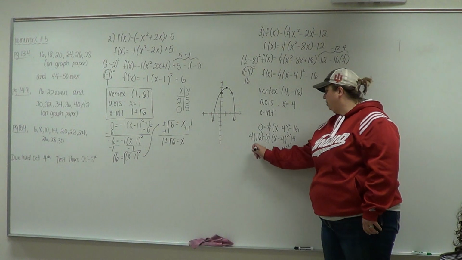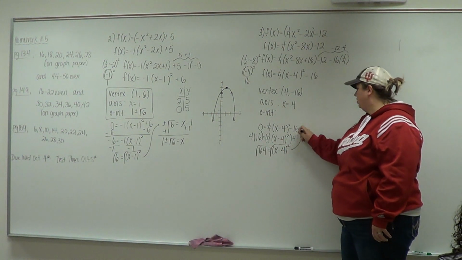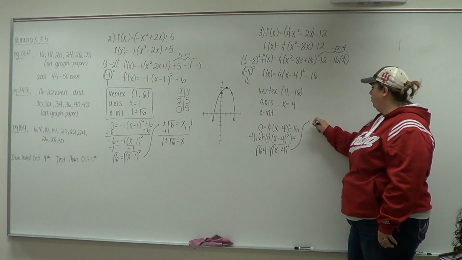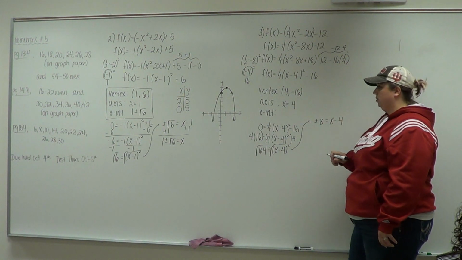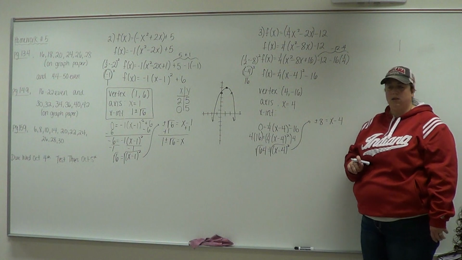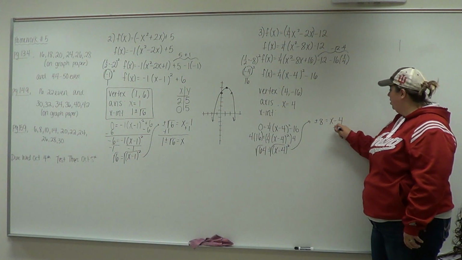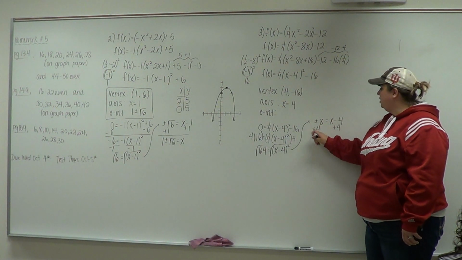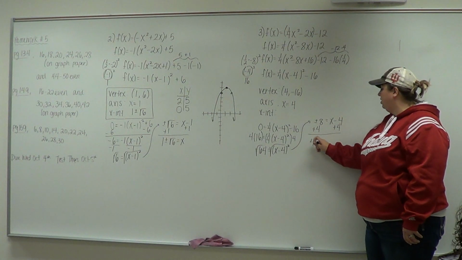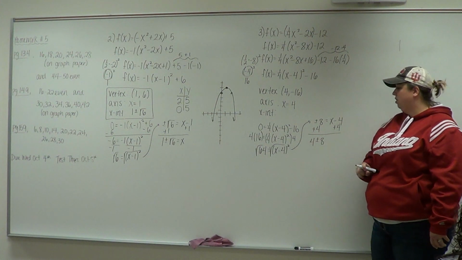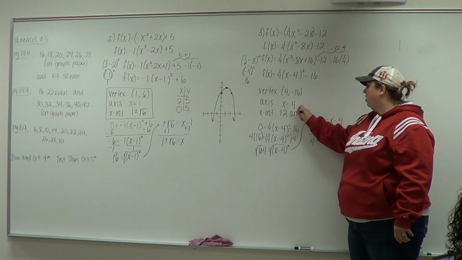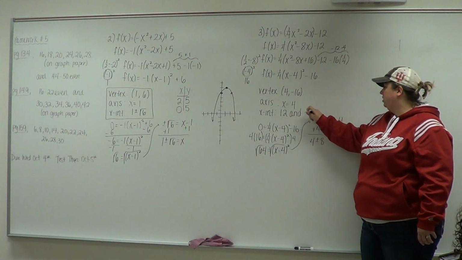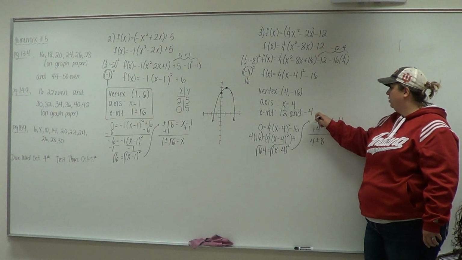Okay, and then I get rid of the square, we're going to take the square root of both sides. Okay, square root of 64 is perfect, so it's plus or minus 8 equals x minus 4. And then I would add 4. Okay, since this is perfect, don't leave it 4 plus or minus 8. Solve that out. 4 plus 8 is 12. And 4 minus 8 is negative 4.